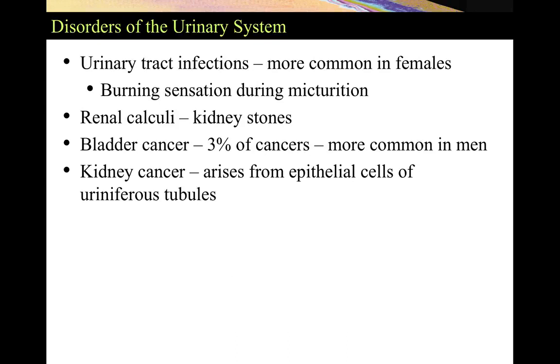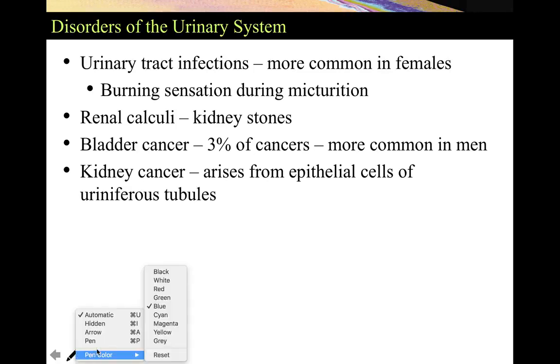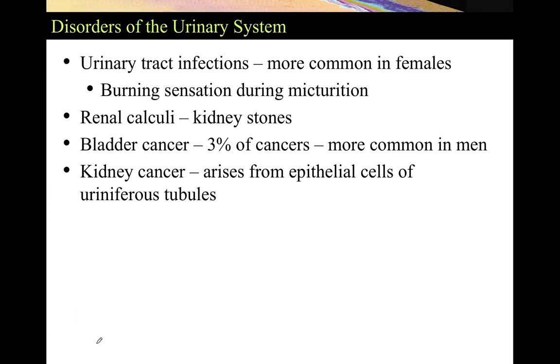One of the very common types of infections associated with the urinary system is UTI, or urinary tract infection, which is mostly a result of a bacterial infection. And something that is not listed, but I do want you guys to know, women are more susceptible to UTI.